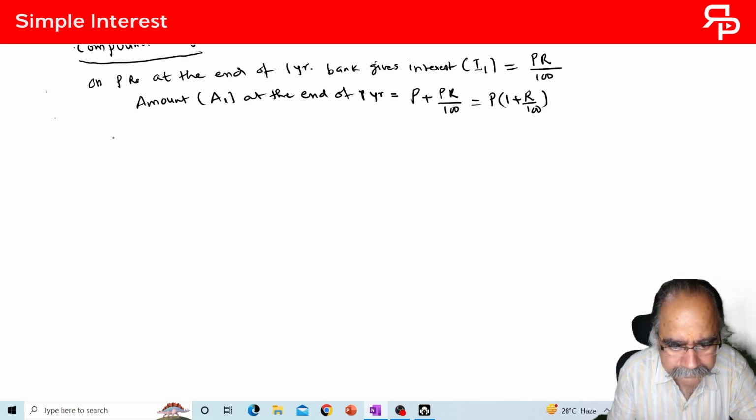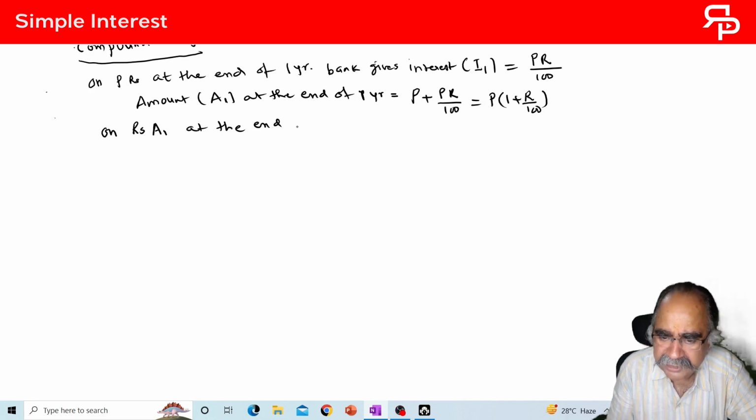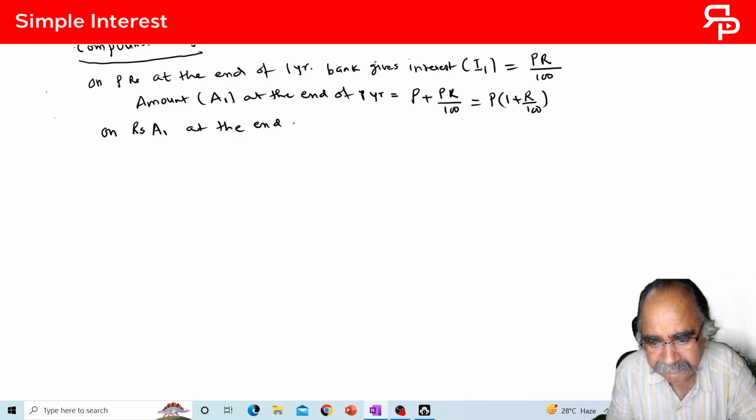Therefore, on rupees A1, now A1 becomes our principal for the second year. On rupees A1, at the end of 1 year, that is at the end of the second year, the new interest is calculated only for 1 year.